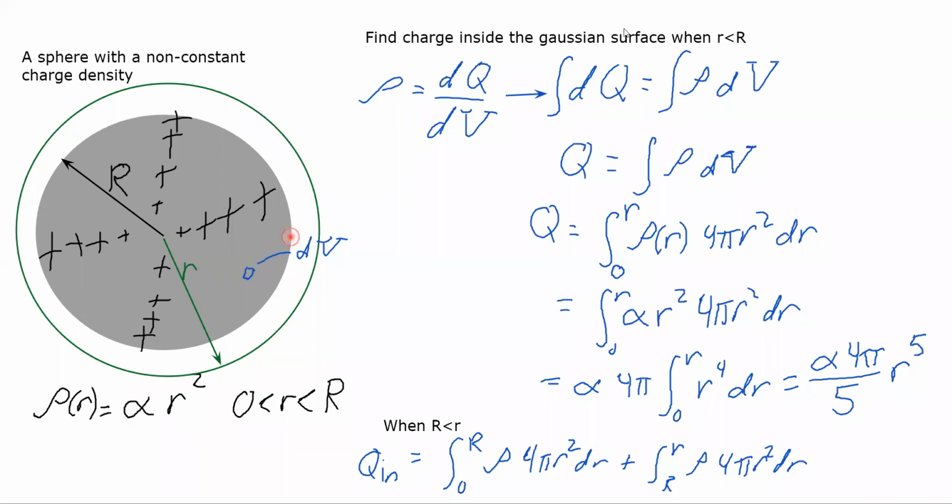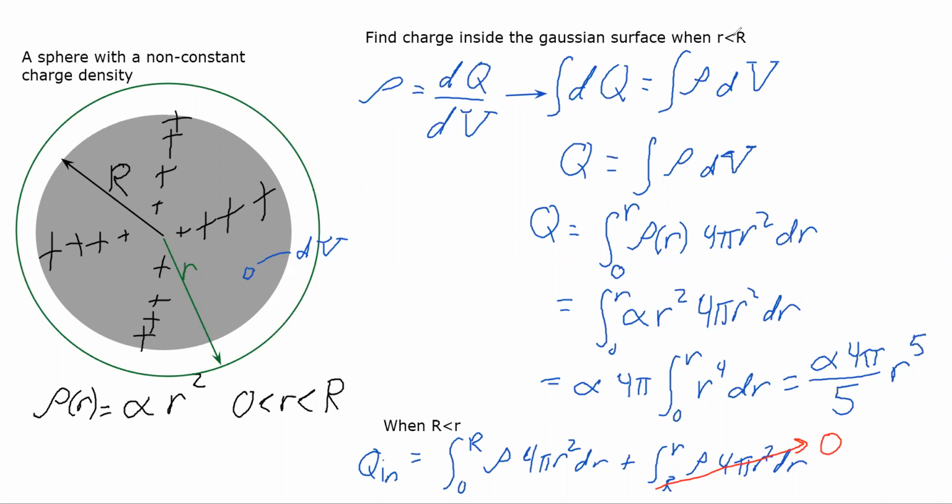When you go outside, in that white spot between the charge and your Gaussian surface, what's your density right there? Well, your density is 0, because there's no charge here. So if that's 0, then this whole integral here is 0.